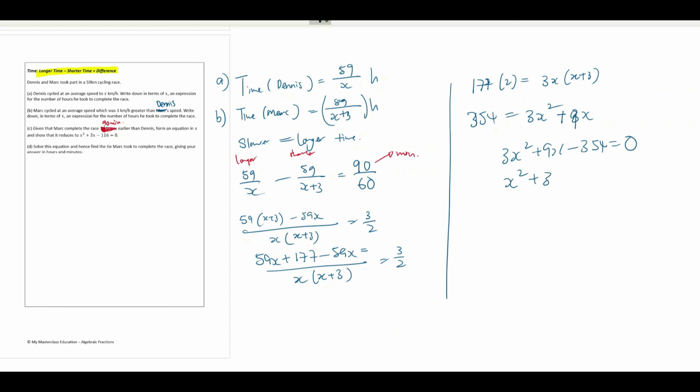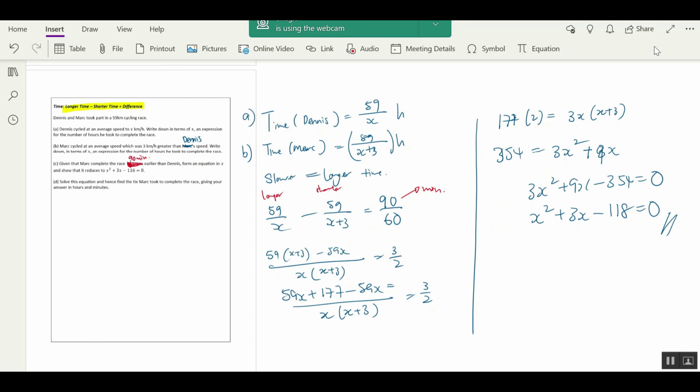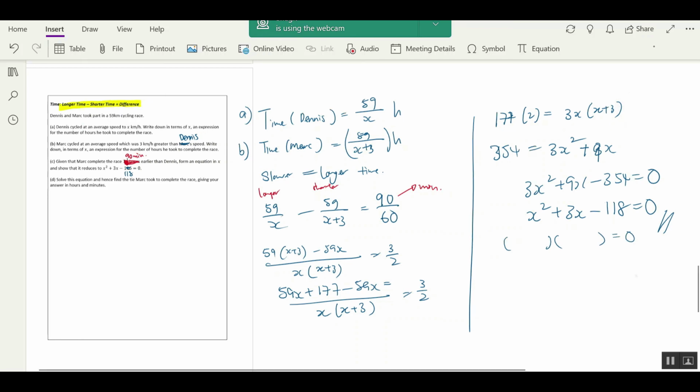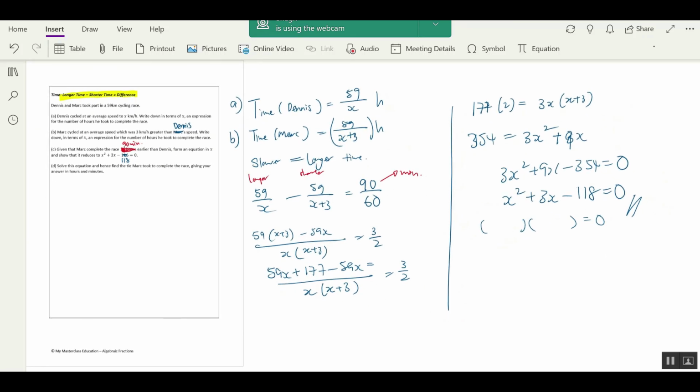Everybody divide by 3, minus 118 equals 0. So x squared plus 3x minus 118. Wait, I think there's something wrong with the question, so this should be minus 118. Unfortunately, this equation cannot be factorized nicely into brackets. If you have learned the quadratic formula, then we will use the quadratic formula to solve this. This cannot be expressed as a bracket. Something is wrong with the question, but this is what you should get.